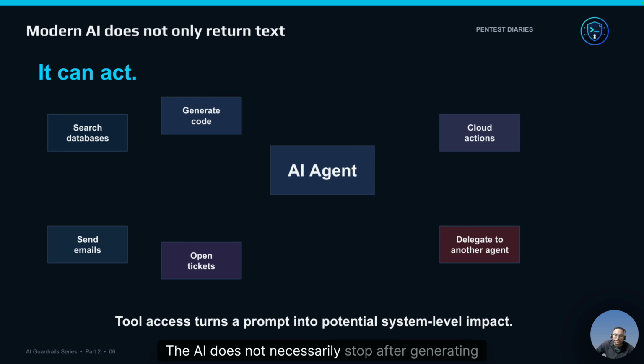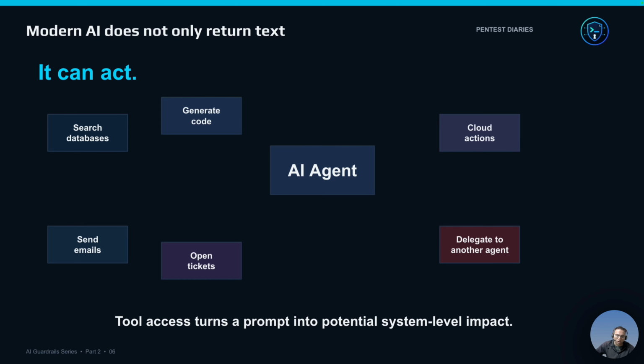The AI does not necessarily stop after generating an answer. It can act. An AI agent might search a database, it might send an email, it could generate code, it could create or modify a support ticket, it might interact with a cloud environment, and in multi-agent systems, one agent may even delegate a task to another agent.